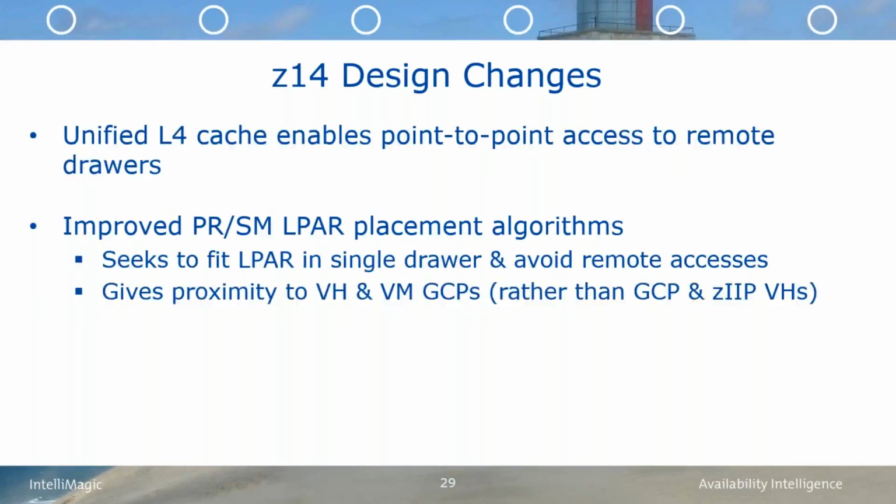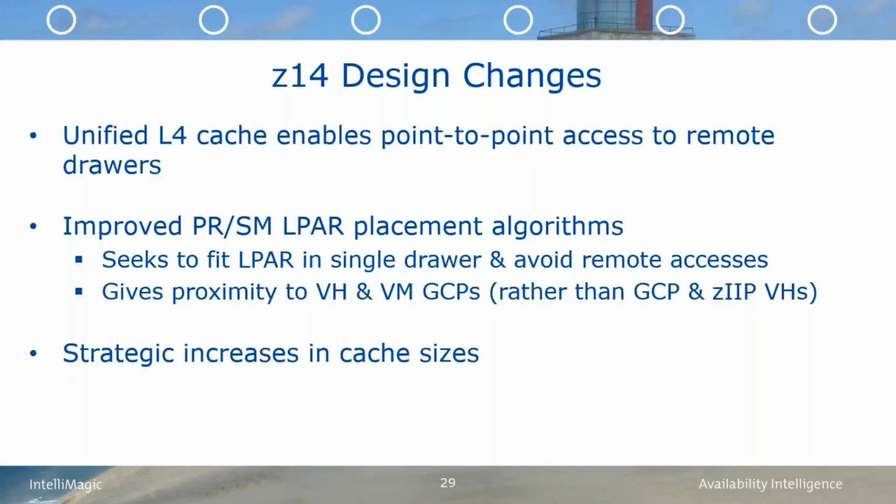Another PRISM algorithm change now prioritizes placing GCPs, vertical highs and vertical mediums, in close proximity on the same chip or cluster, in contrast to the Z13, which prioritized co-locating vertical highs for both GCPs and zIIPs.